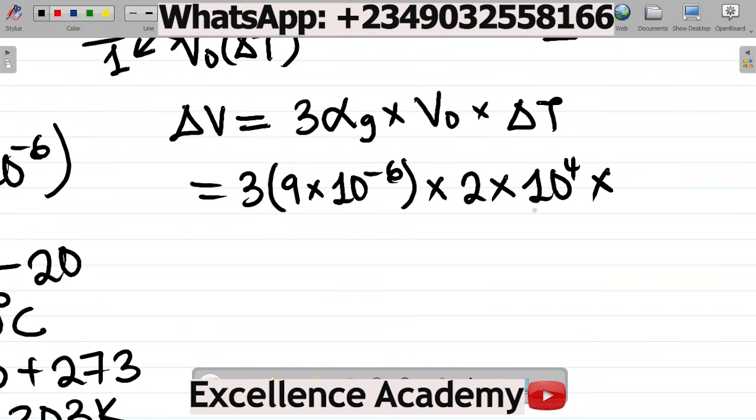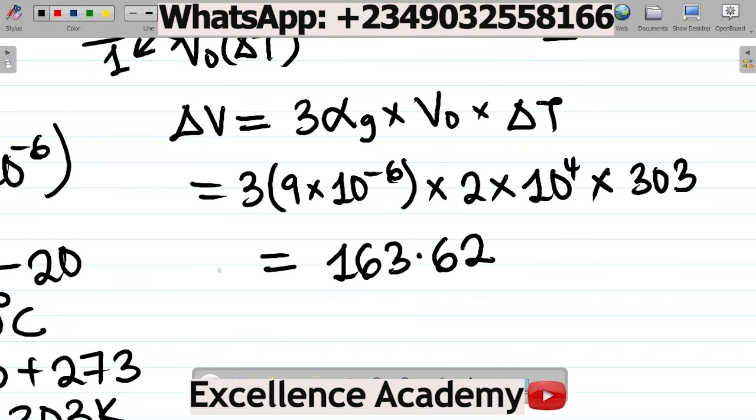If we multiply this on my calculator, 3 times 9 times 10 to the power minus 6 times 2 times 10 to the power 4 times 303 gives you 163.62. This is the value of the change in volume.